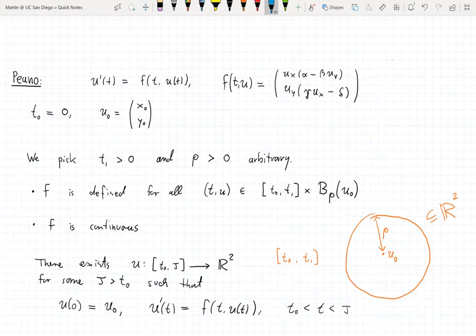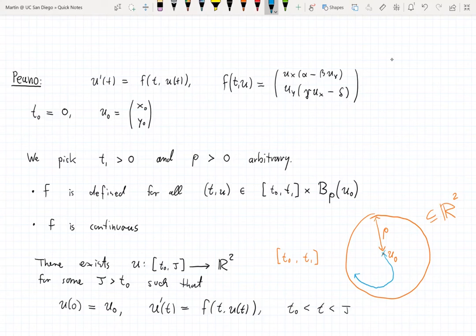So if I think of the solution as a trajectory that goes through the space R^2, starting at u0 in this graphic here, then at least for some time the trajectory is actually defined. It is still possible that the trajectory develops a singularity, that it blows off to infinity in some direction in finite time, or maybe the derivative becomes infinitely steep.